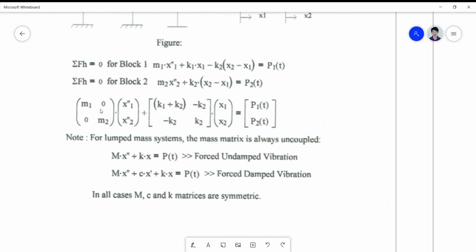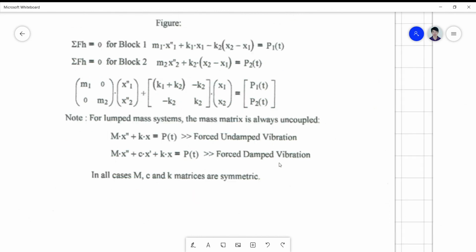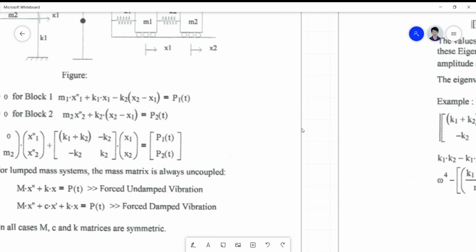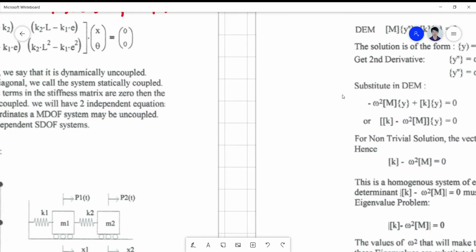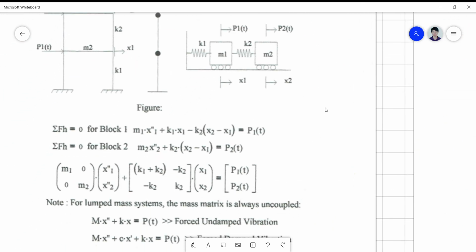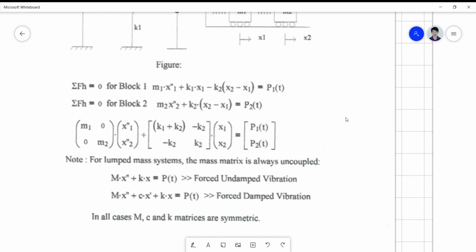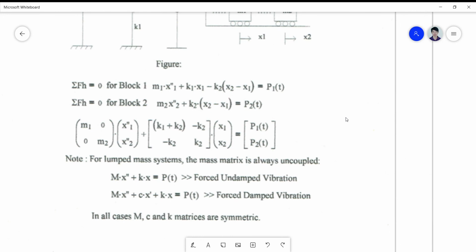So look at this, and this is dynamically uncoupled, statically coupled, but they are symmetric, and that's what makes the better choice or the best choice of coordinate system to consider if you want to have a simpler solution.